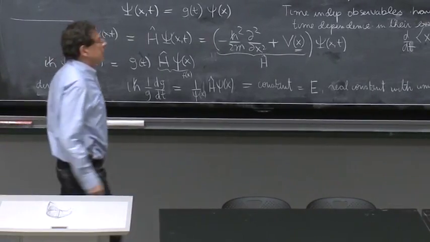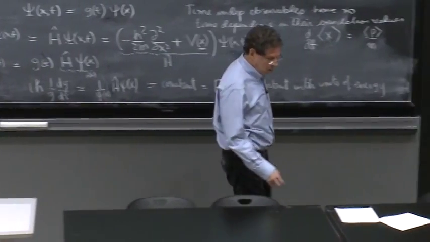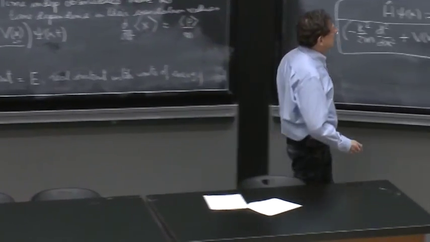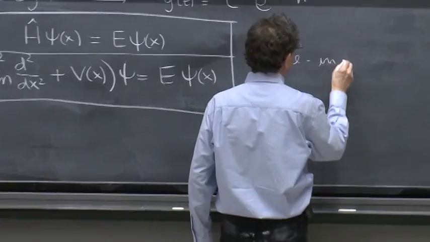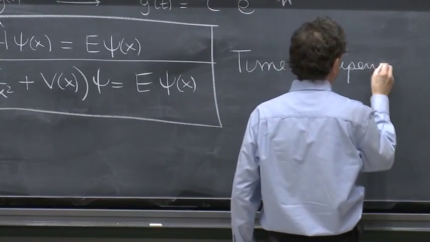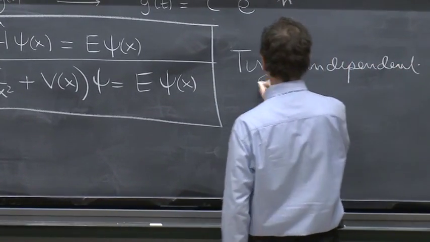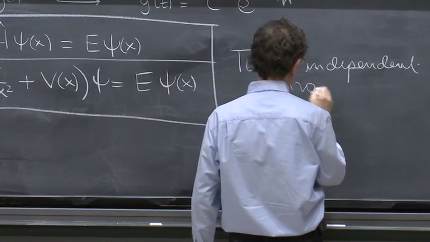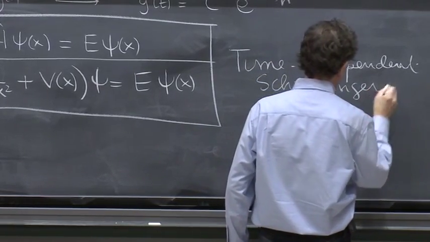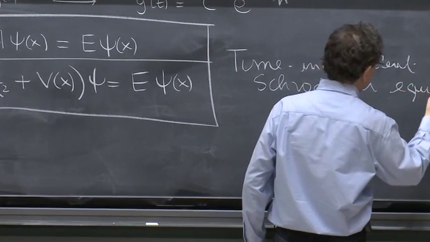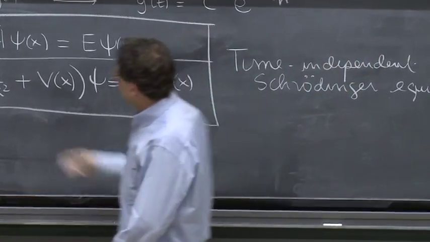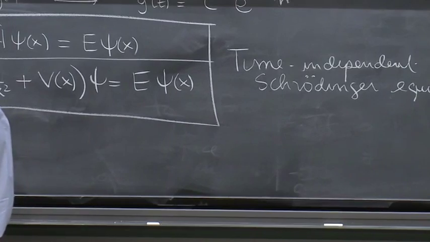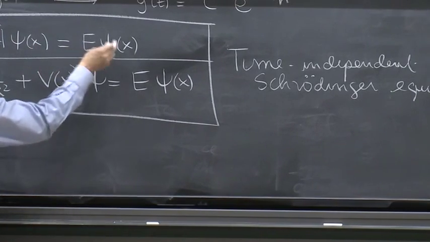So most people call this the time-independent Schrödinger equation. So that's the time-independent Schrödinger equation, or H psi equal E psi.